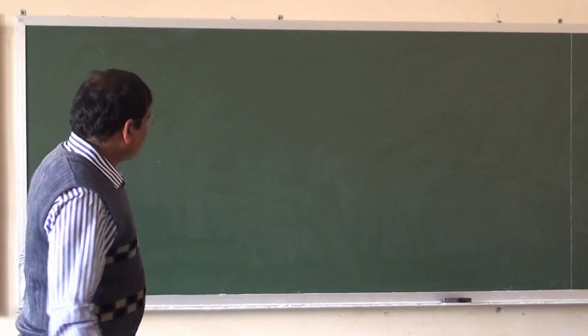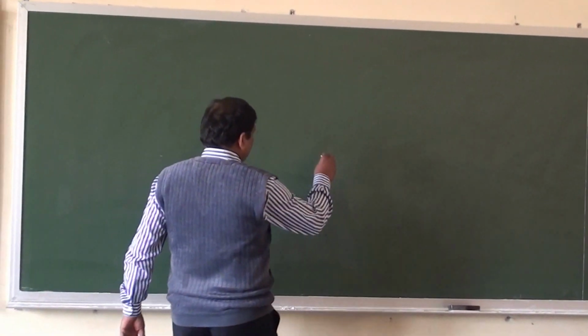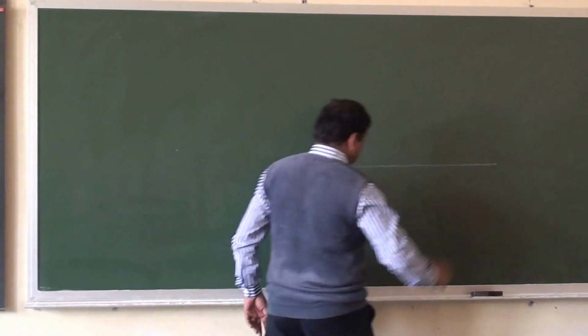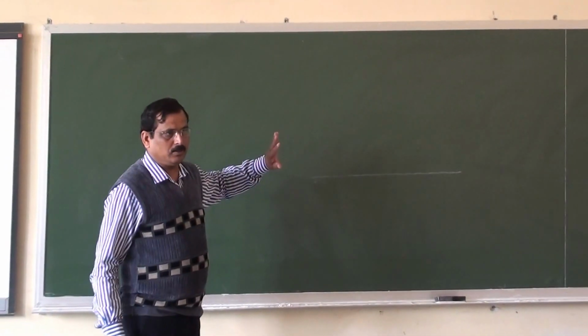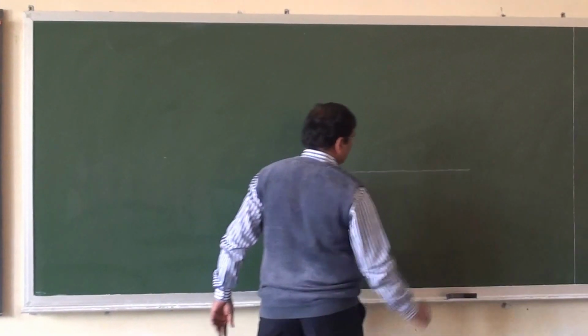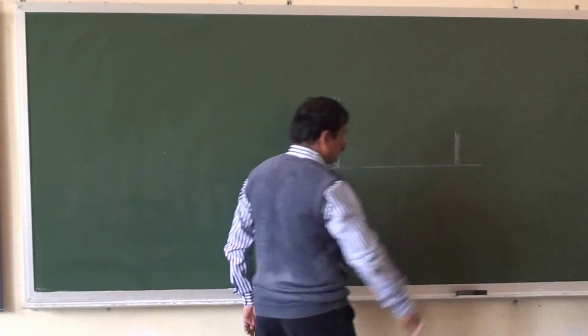You understand from the last discussion, let us say this is the ground. The ground ray reflection model simply considers the presence of ground. Let us say this is the transmitter and this is the receiver.